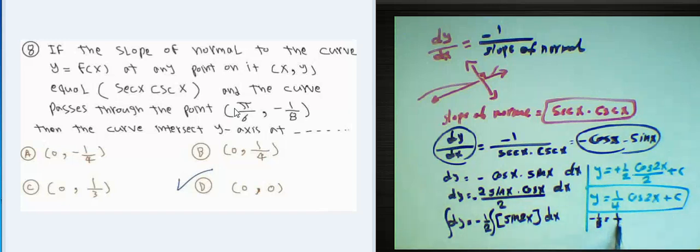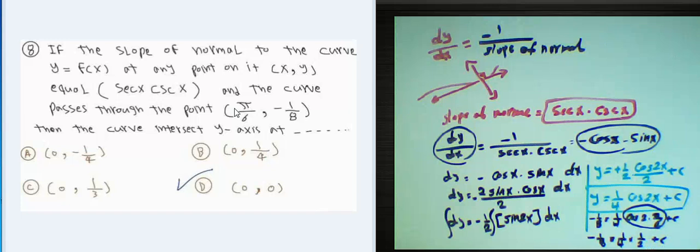It will be 1 over 4 cosine 2 times pi over 6 plus constant. Then negative 1 over 8 will equal 1 over 4 times cosine of 2 times pi over 6. 180 divided by 6 equals 30, times 2 equals 60. Cosine 60 equals half, plus constant, and you can find the constant here.